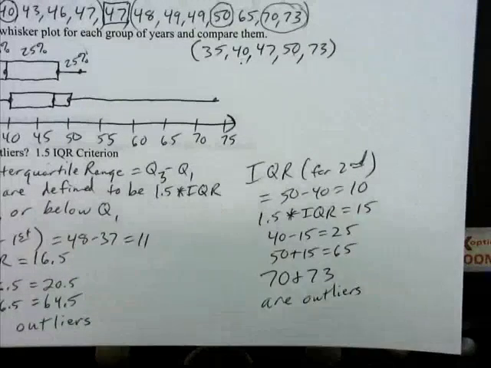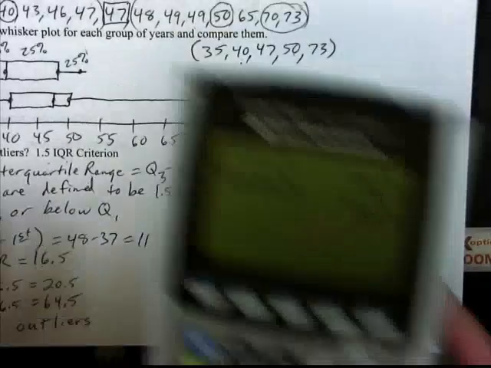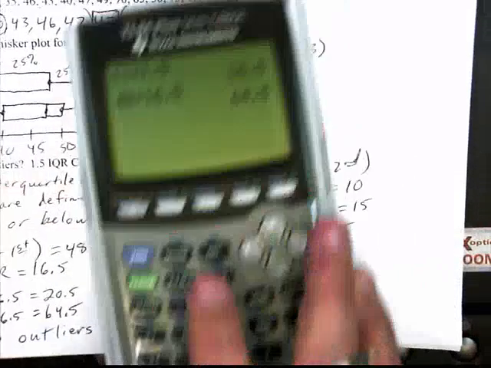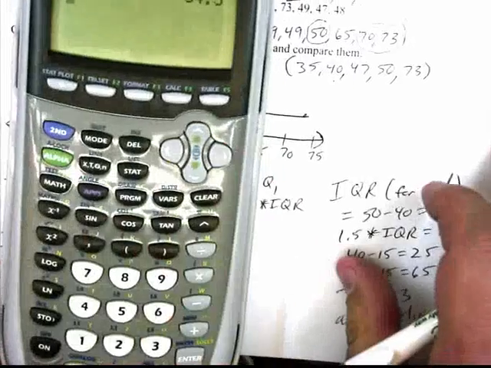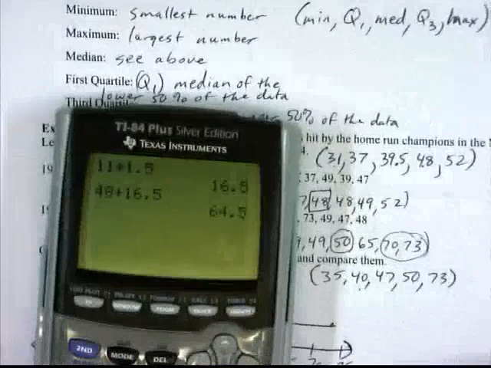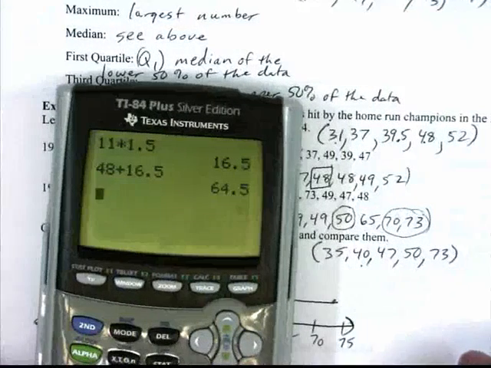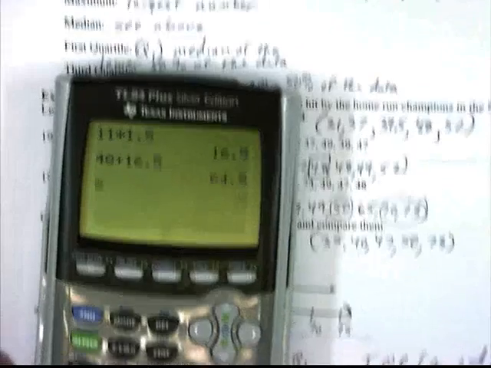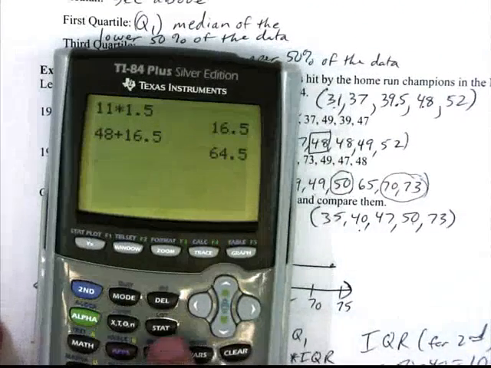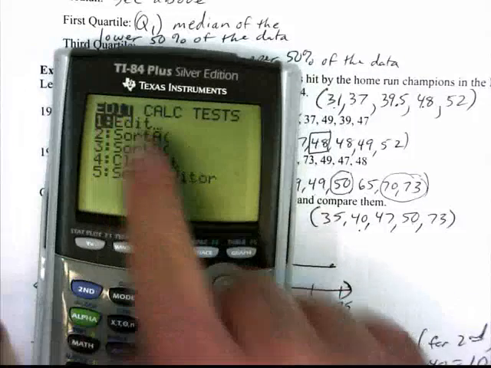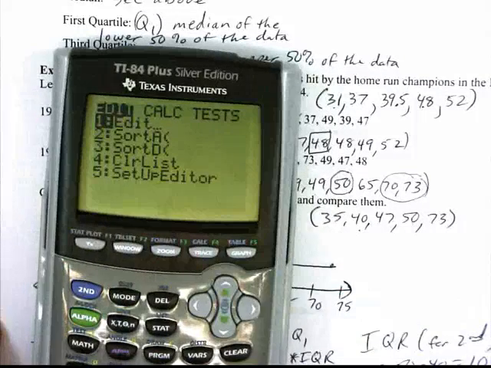Now let me show you one more thing on the calculator, because this is pretty nifty. I'm going to have my 5-number summaries here, and put the calculator right here. Okay. Now what I've done is you can go into the stat mode on your calculator, and we'll show you more of this later. If you go into the stat mode, you can edit and put in a list of statistics.